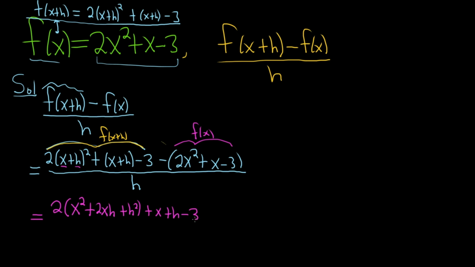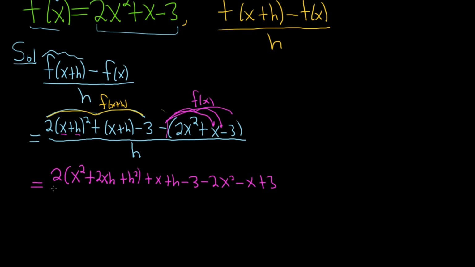minus 3, and then distribute this negative 1: minus 2x squared, and then negative 1 times x is minus x. Wow, ridiculous. Negative 1 times negative 3 is plus 3, so it's really long. And all of this is being divided by h.